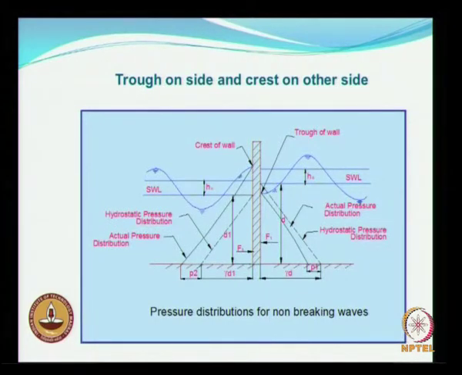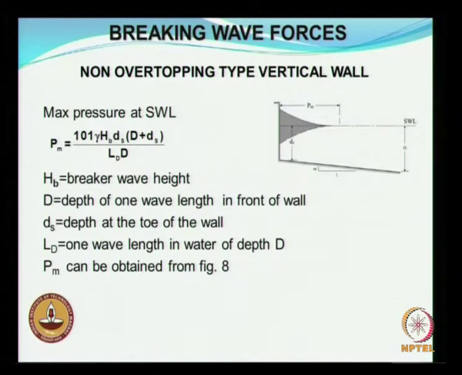Trough on one side and crest on another side, so this is just the reverse. So I am sure that all of you have understood how to deal with the forces due to non-breaking waves on a vertical wall.